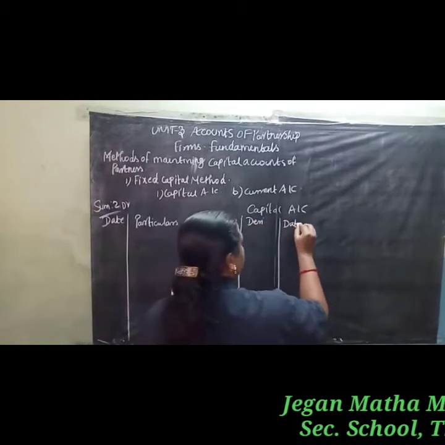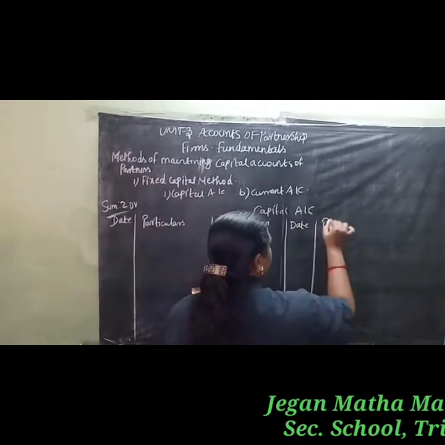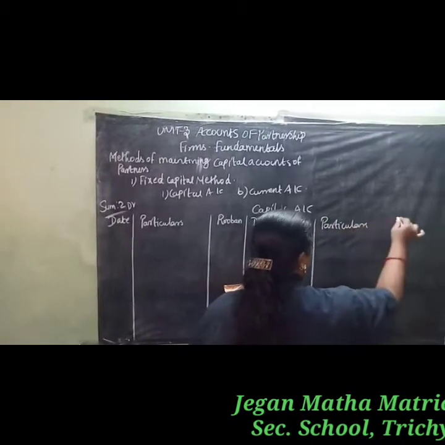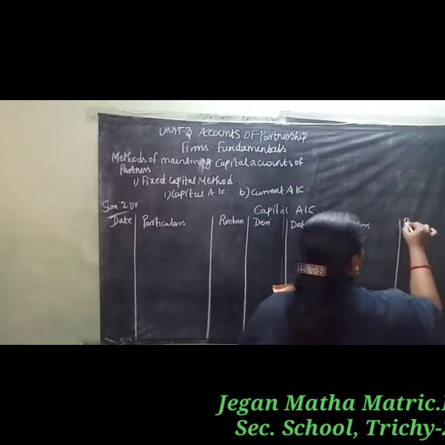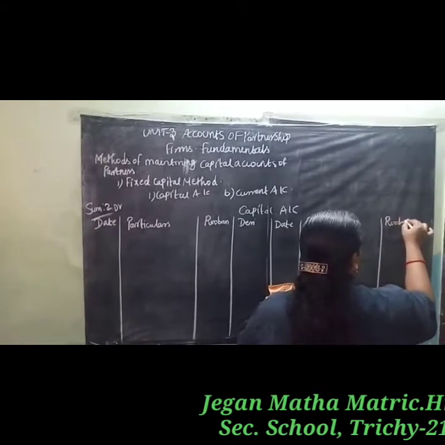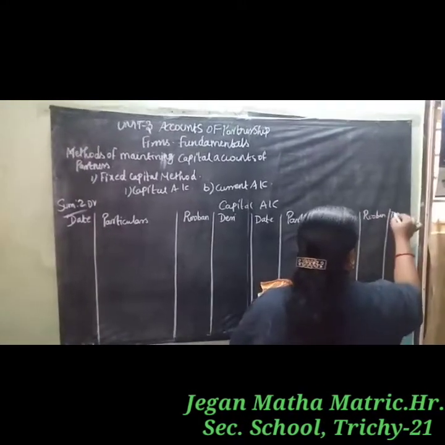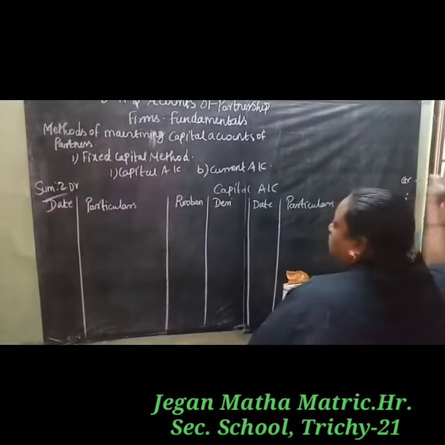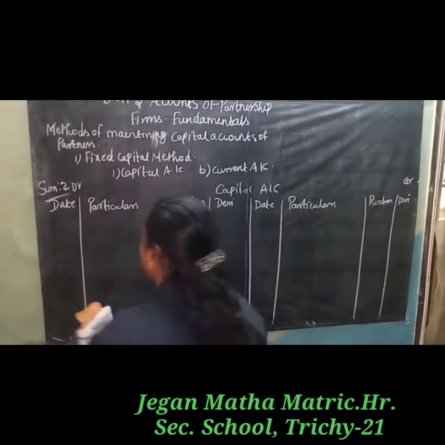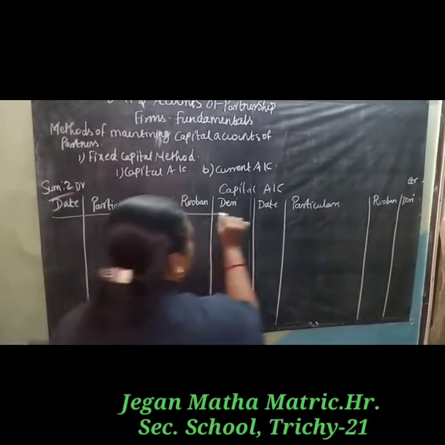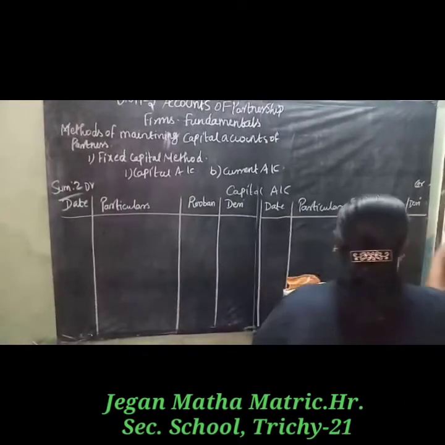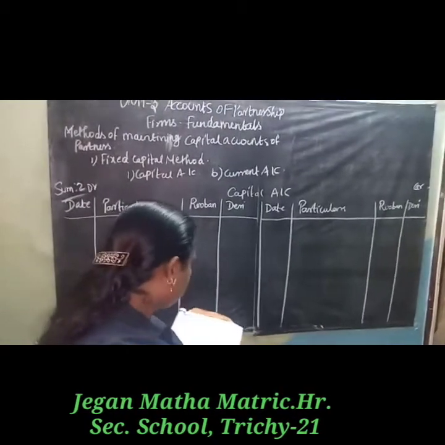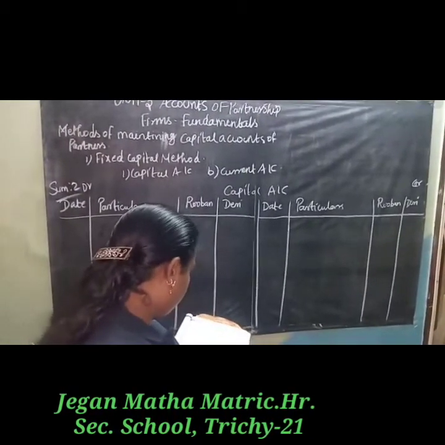Next, date, particulars, Reuben and Derry, credit side. Here we have to write only the capital amount, the capital introduced by the partner. So on 1st April 2018 Reuben introduced 70,000 and Derry introduced 50,000.